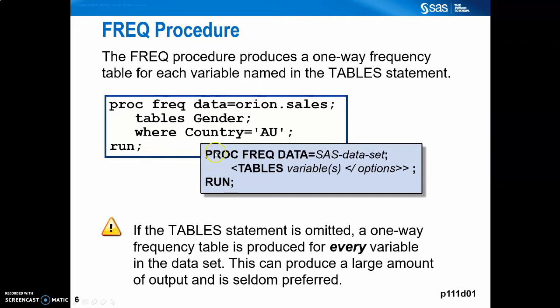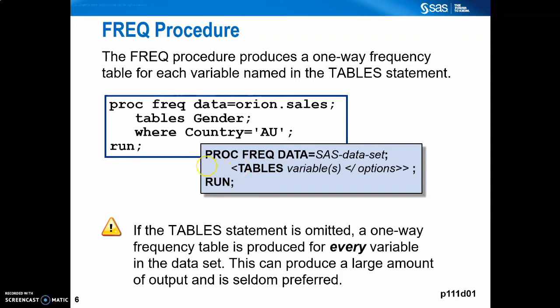Okay, so the first line, as in the general form, states PROC FREQ DATA= equal to the data set that you are referencing to use in order to produce the table. Then followed by the second line, which is a statement in the form of options, which we can use or we can omit.